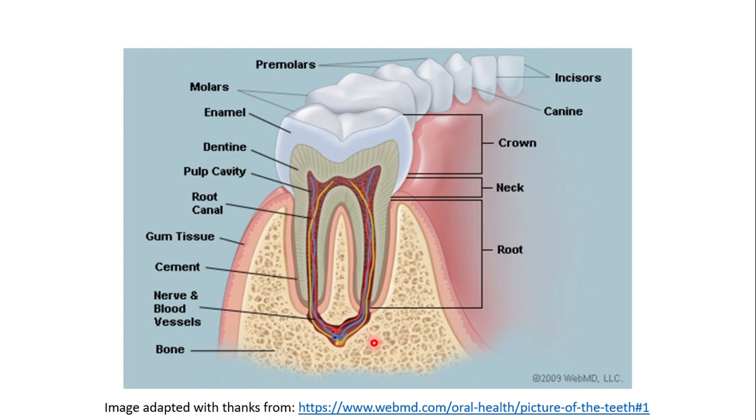Now, if something goes wrong, this becomes pathology, and dental pathology is a medical branch which deals with the pathological conditions of the teeth. So, endodontics. Anybody know what endodontics is? Ecto means outside, endo means inside, and dontics means teeth.